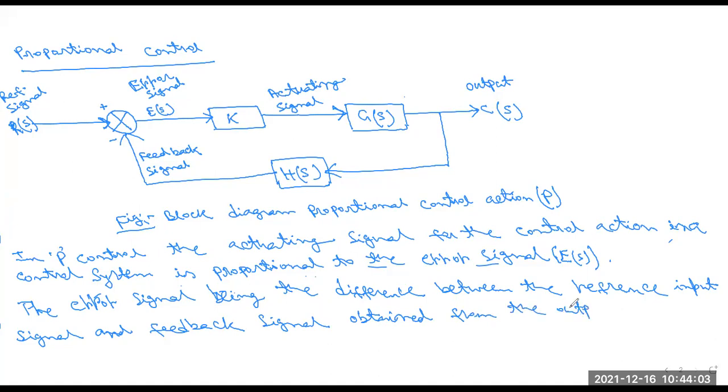So this is another term. This error signal E(s) is calculated as the difference between the reference input signal R(s) and the feedback signal H(s) from the output section.